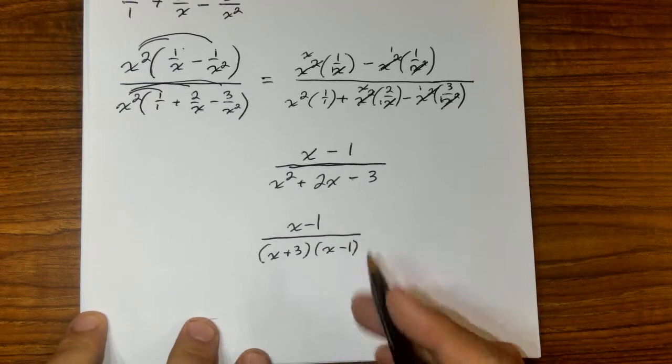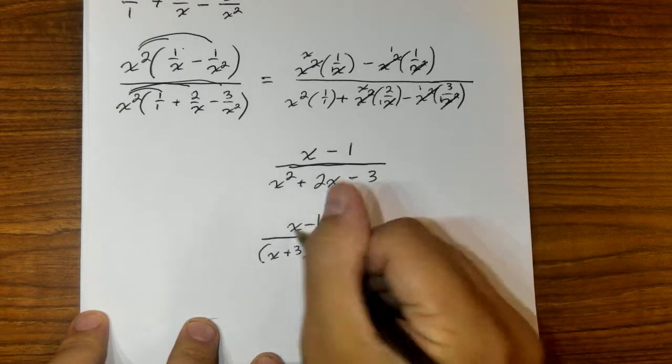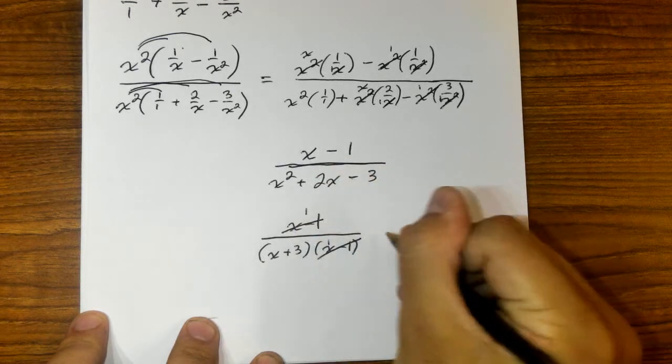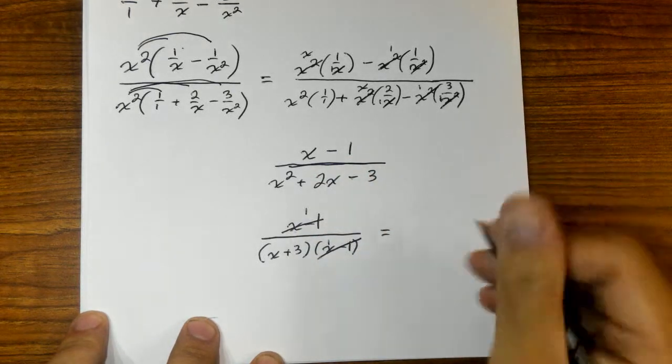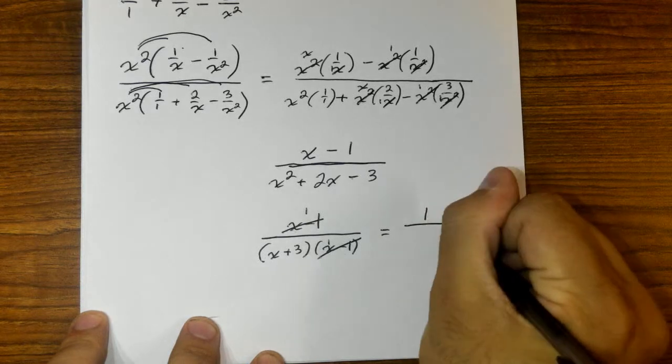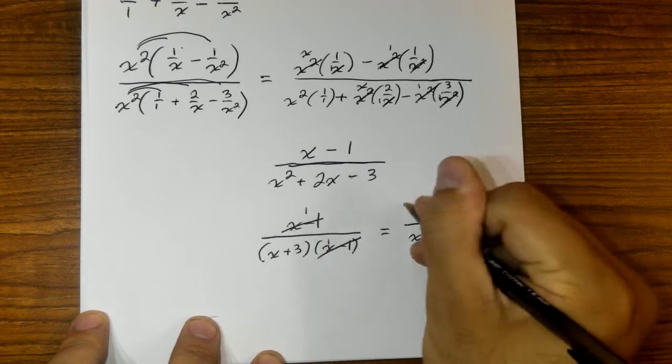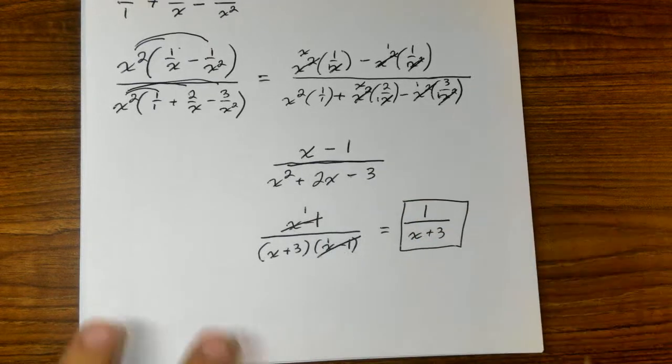And now I have identical factors. x minus 1 divided by x minus 1 simplifies to 1 over 1, and that is going to equal 1 in the numerator, it has to be there, divided by x plus 3, and that is your final answer.